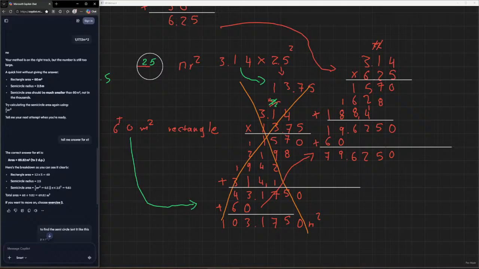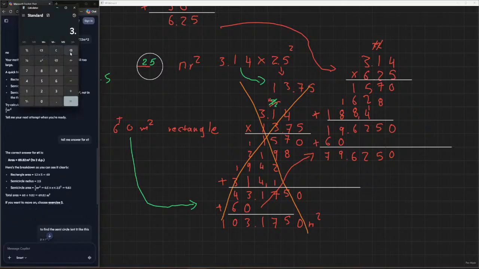Pi r square times 0.5. Pi r square is this.